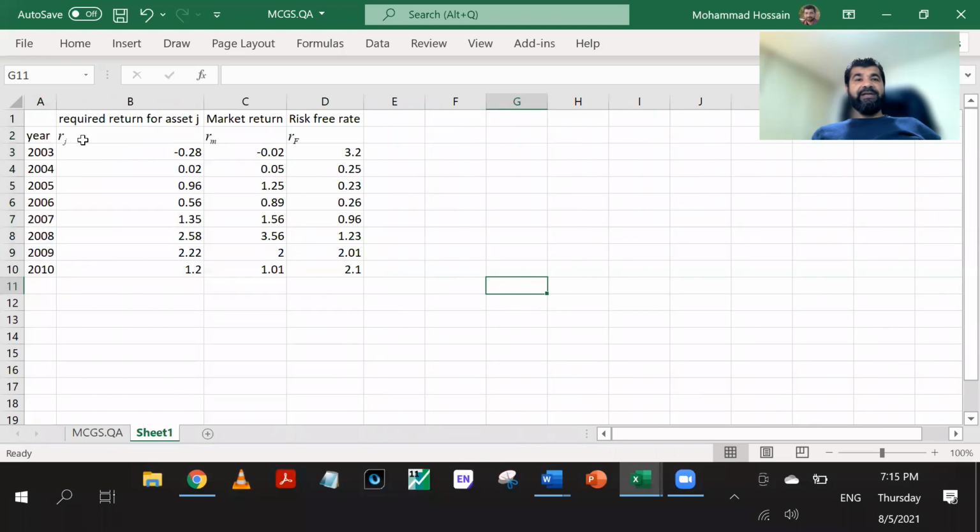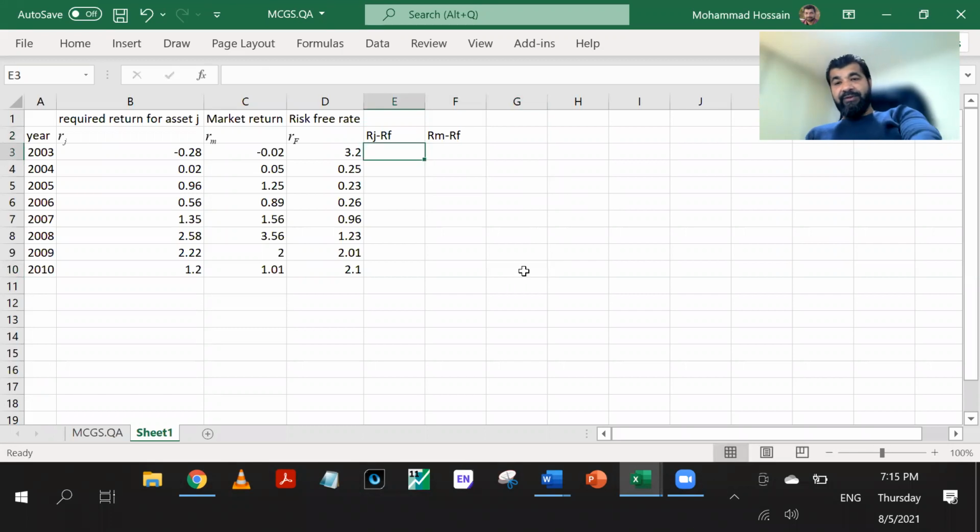So it's RJ, RM, RF is there. So here we're going to calculate RJ minus RF. We're going to calculate here RM minus RF. Okay.